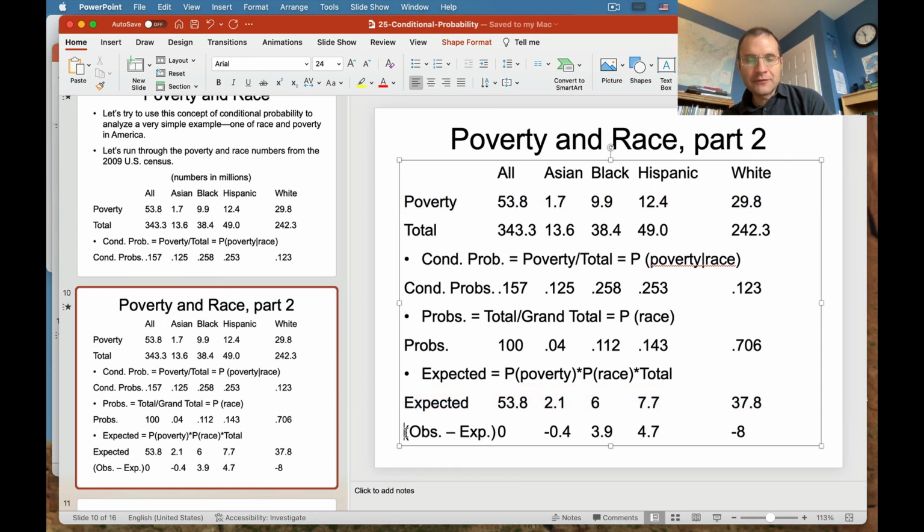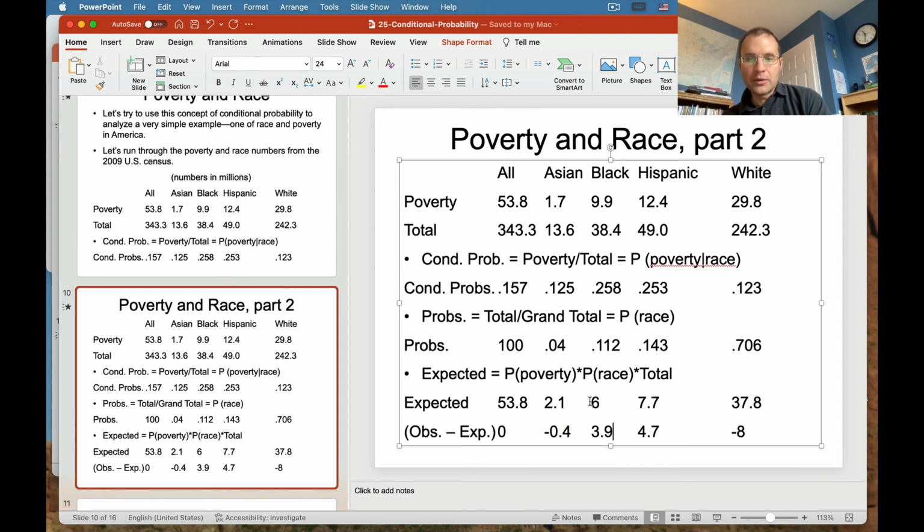The difference between the two, well, there's not going to be a difference for the overall numbers, but we are going to ignore those for the time being. The difference is going to be this. So we'll take 1.7. This is our observation, how many Asian people are in poverty. This is the expectation we'd have if these two things were independent, poverty and race, and we get a difference there of negative 0.4.